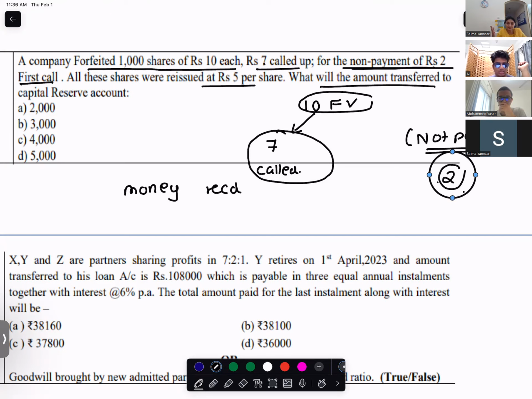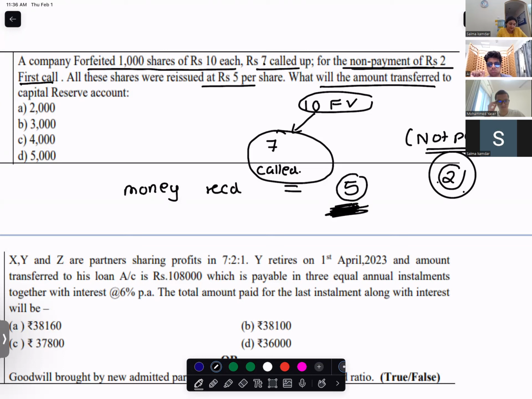I called for 7, sorry, people did not pay 2, so money received is 5. Okay, fine. I have received rupees 5.